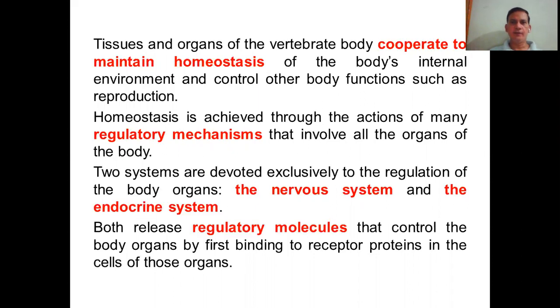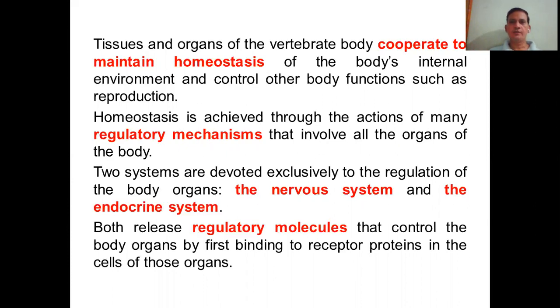So you can imagine that most of the systems in the body are working towards maintenance of the homeostatic condition of the body. Now, this homeostasis is not achieved by a single system. It is achieved through many regulatory mechanisms that involve almost all the organs of the body.